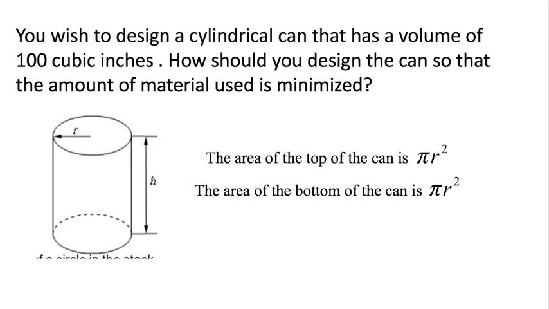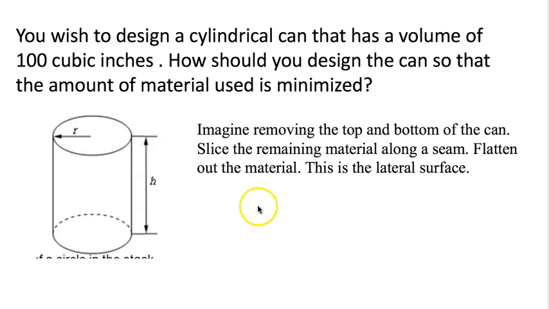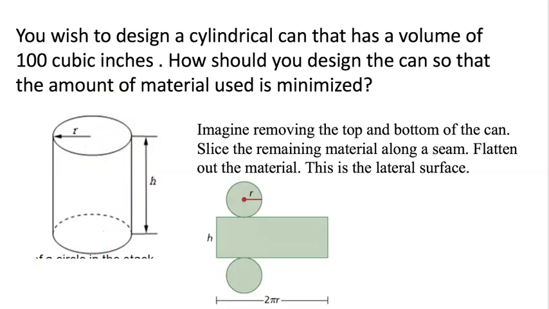Well, the strategy I encourage you to use is to imagine removing the top and the bottom, slicing it along a seam, and flattening it out. The result would be a rectangle. So try to visualize that. If you slice it along a seam and flatten it out, you have a rectangle with a circle on top and a circle on the bottom. So this gives us the picture. The key idea is to recognize that yes, that's the height of that rectangle, but this other dimension is the circumference of the circle.